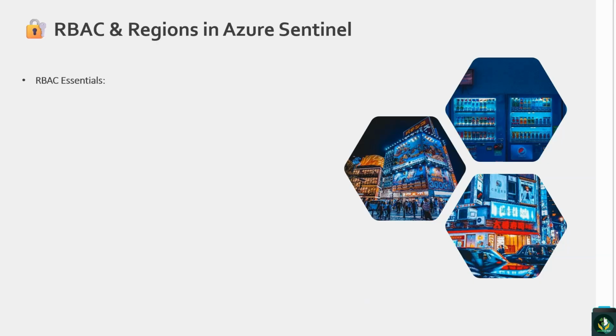RBAC operates on three key components. The first one, security principal, the who. This represents the entity requesting access. It could be a user like you or a team member, a group, for example, the SOC analyst group, or a managed identity used by Azure services or automation scripts.